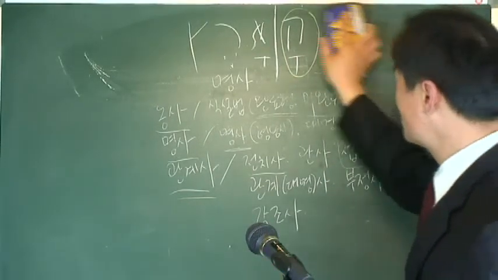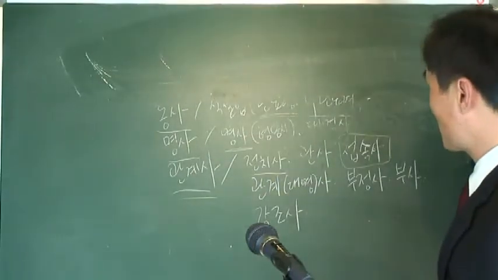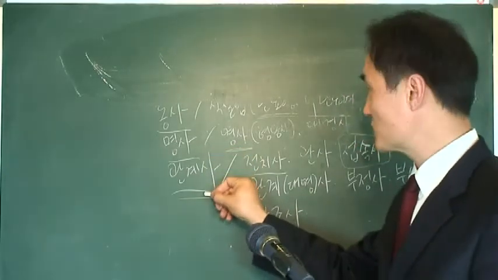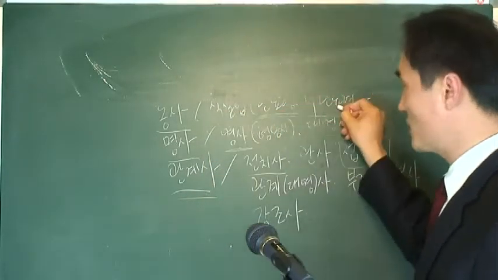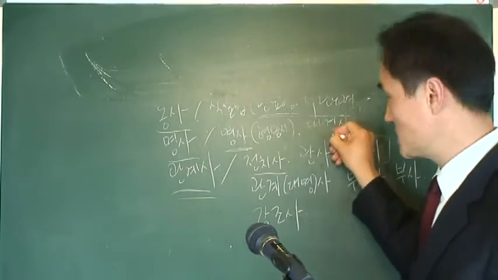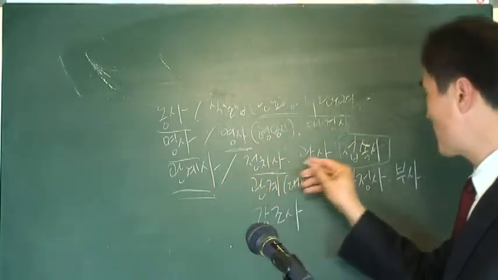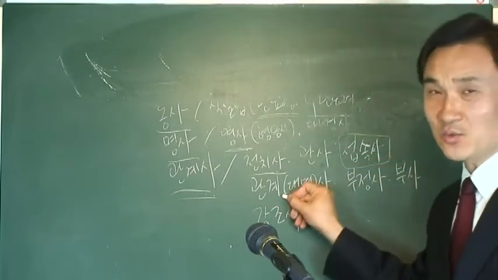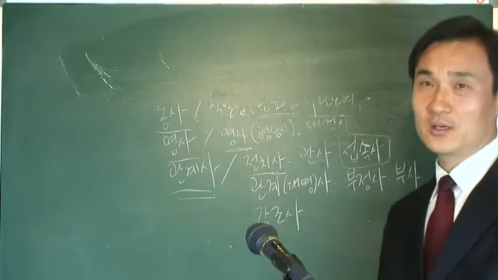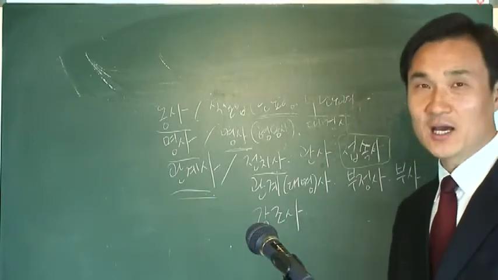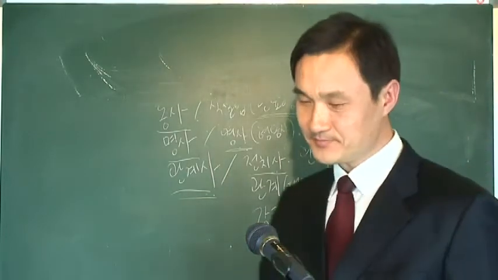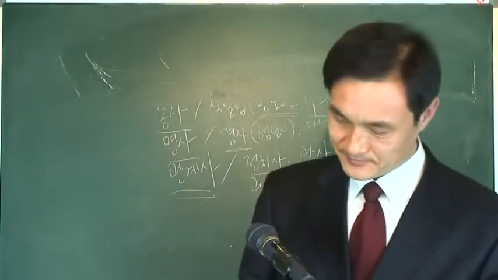In this way, we must be able to identify words in sentences. We must recognize words in sentences as verbs, nouns, or relative particles. Then we must be able to recognize the perfect form and the imperfect form of verbs.